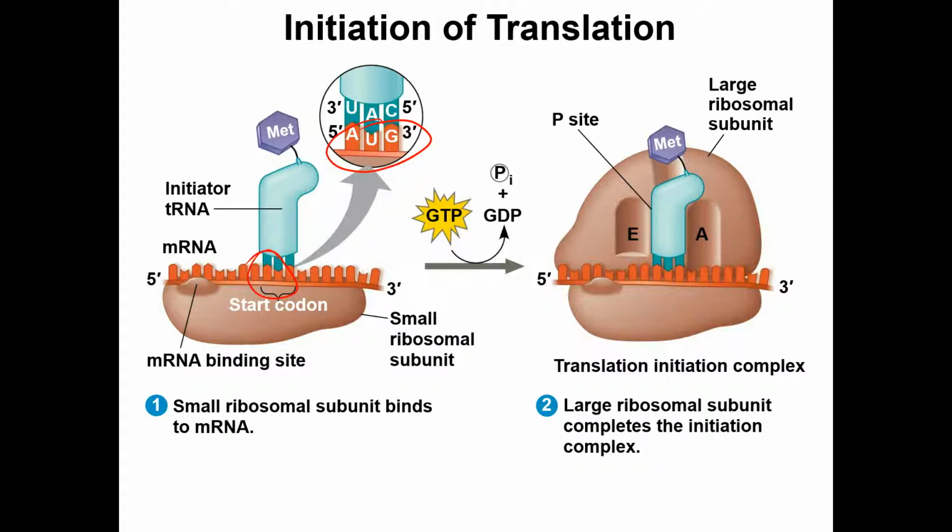Next you have your large ribosomal subunit that docks onto the mRNA, the tRNA, and the small ribosomal subunit. Your first tRNA molecule with the methionine is going to occupy the P site. That leaves the A site vacant.